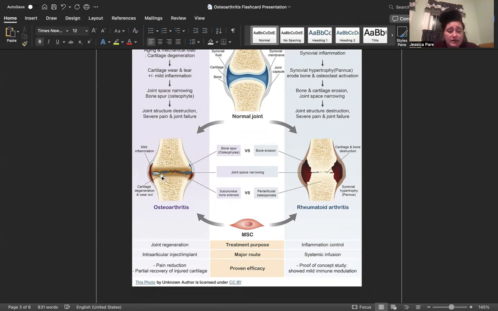And then right in here, the little blue space is the cartilage degeneration and wear out. And then this arrow right here points to the subchondral bone sclerosis, which as you can see, it's kind of jagged and looks kind of sharp on the edges. And then, like I said, there's joint space narrowing right through the middle. And then up here, you can see that there's bone spurs where the osteophytes may be.